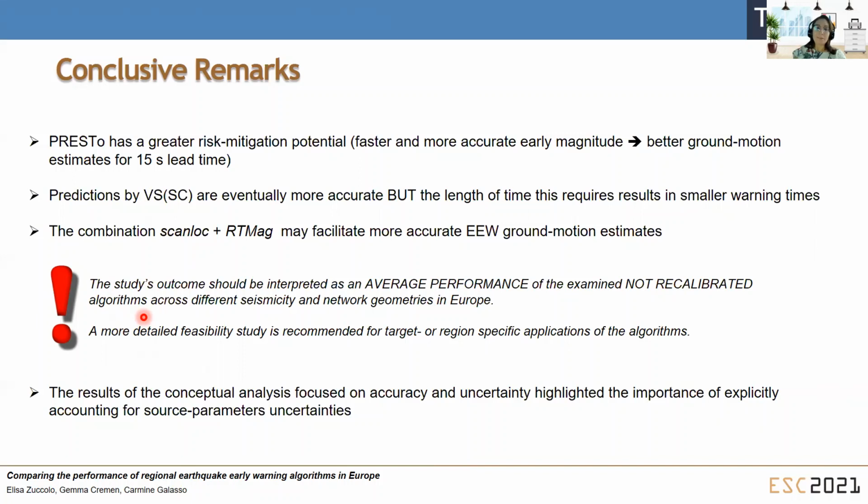But a more detailed feasibility study is recommended for target or region-specific applications of the algorithms, possibly recalibrating the algorithms' coefficients according to the study area. Finally, the results of the theoretical analysis focused on accuracy and uncertainty highlighted the importance of explicitly accounting for source parameter uncertainties when measuring the accuracy of final early warning predictions.